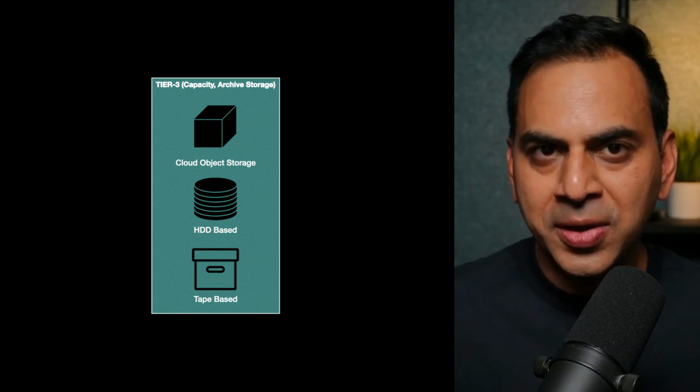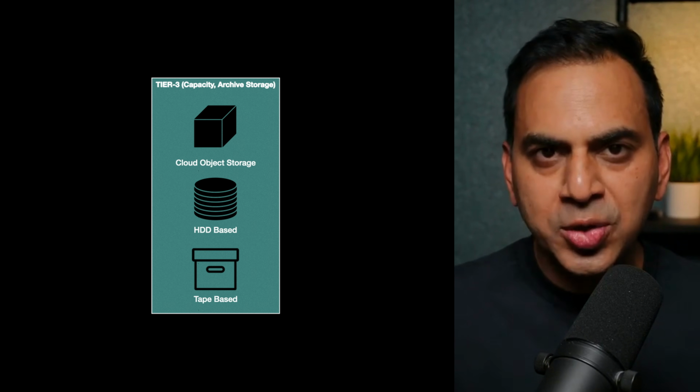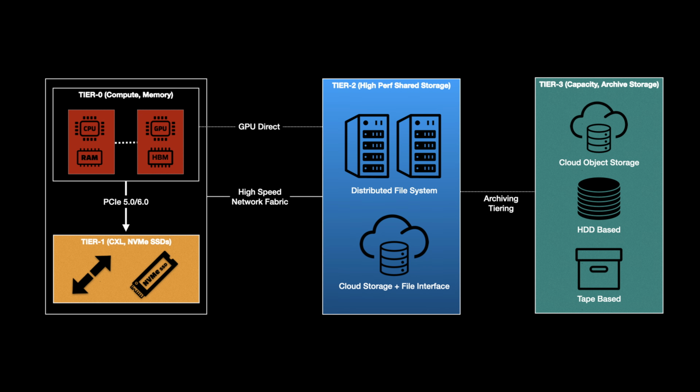This is where tier 3 shines. Characteristics here are a huge amount of space and the lowest possible cost per gigabyte. This tier is often implemented with object storage in its most cost-effective forms. Moving data from tier 2 to tier 3 is called archiving or tiering, and it's often automated based on data access patterns.